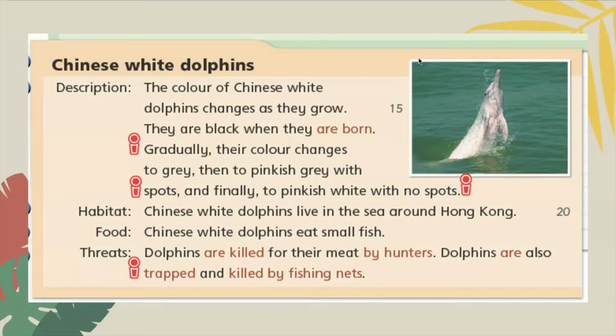Habitat: Chinese white dolphins live in the sea around Hong Kong. Food: Chinese white dolphins eat small fish. Threats: dolphins are killed for their meat by hunters. Dolphins are also trapped and killed by fishing nets.